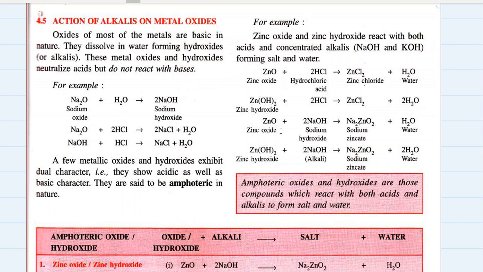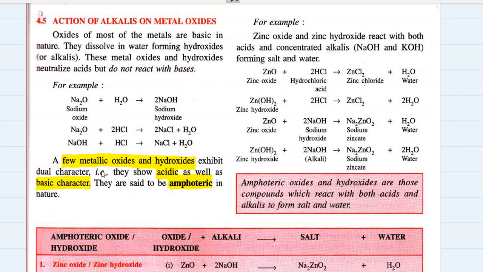I had talked about this dual character in the first chapter, that is periodic table, and also briefly in acids, bases and salts, but here I'm going to emphasize it. The dual character of few metallic oxides and hydroxides is the amphoteric nature. That is, they show acidic as well as basic character.